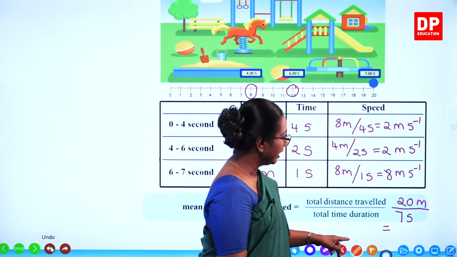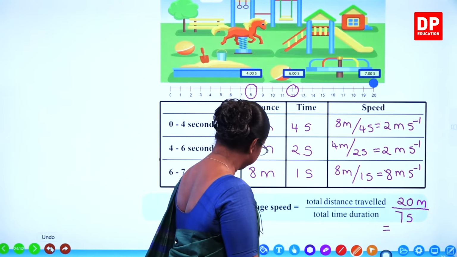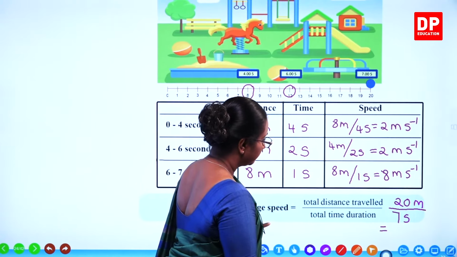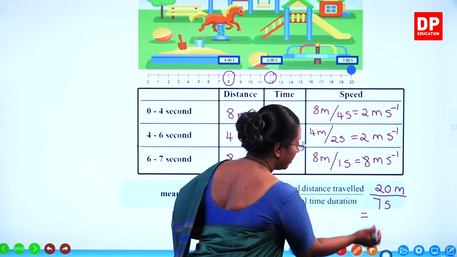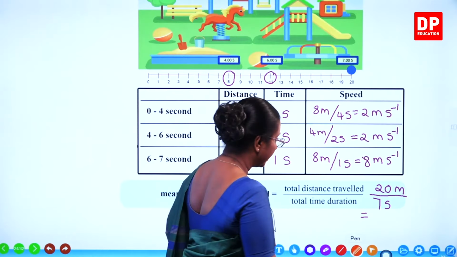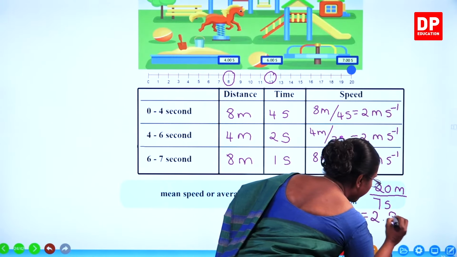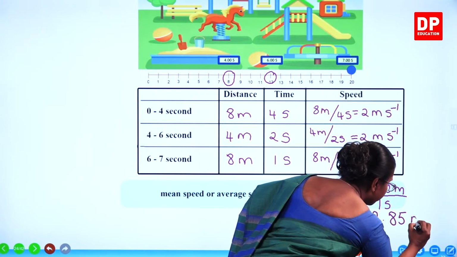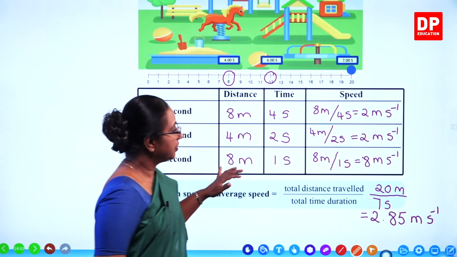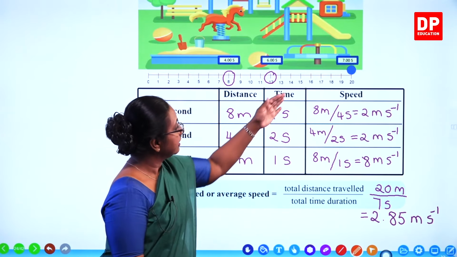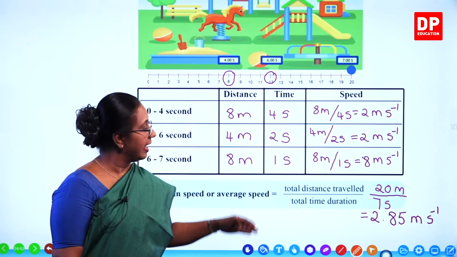So we calculate the distance traversed divided by the time. And when we divide 20 meters by 7 seconds, we get the value as 2.85 meters per second.